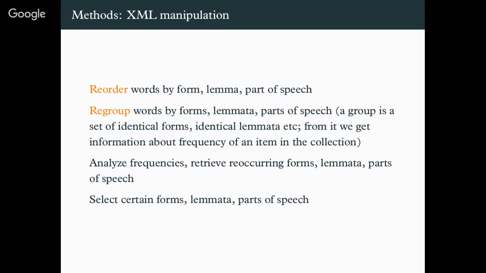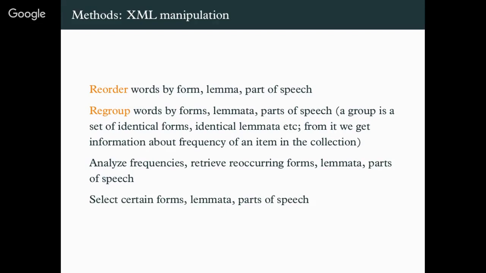We also want to form different groups based on some shared features of words or forms in the text. And we are also interested in frequencies. How often do we encounter a word in a text? What is rare? What is very frequent?